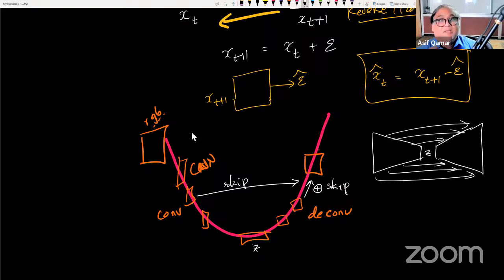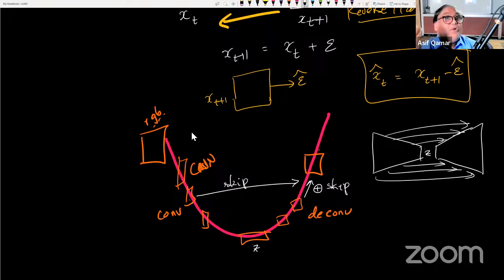Are we clear, guys? On the upswing, when you want to reconstruct the image for things like segmentation or super resolution, denoising, or creating sharp images from blurry images, we have done this using UNet. Do you remember? We covered all this.